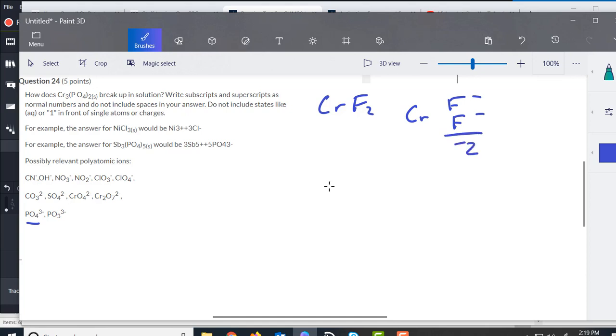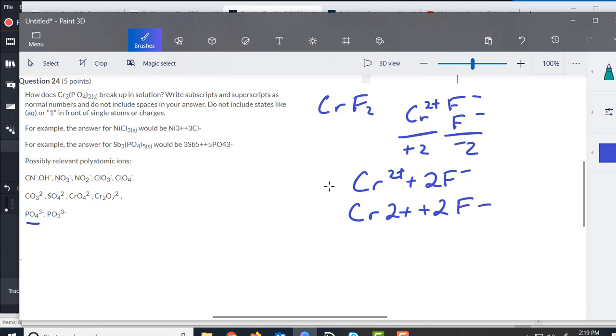So that's negative 2, which makes this plus 2, which means the chromium has to be plus 2 as well. So when we write it out, it'll be Cr2+ 2F-. And if we were formatting it for the answer box, we don't show the superscripts and subscripts, so it would just be Cr2+ 2F- is how that would go in the box.